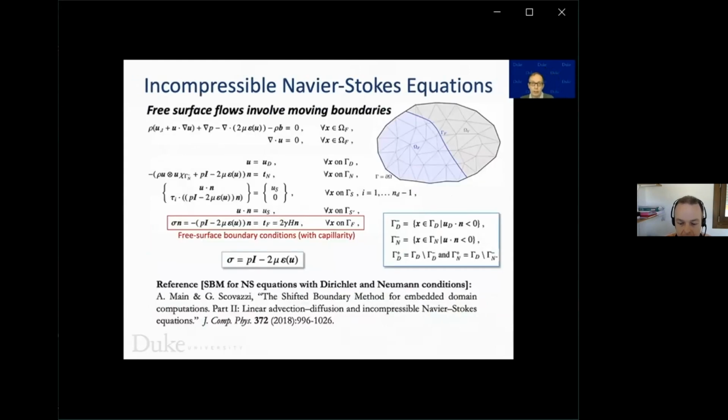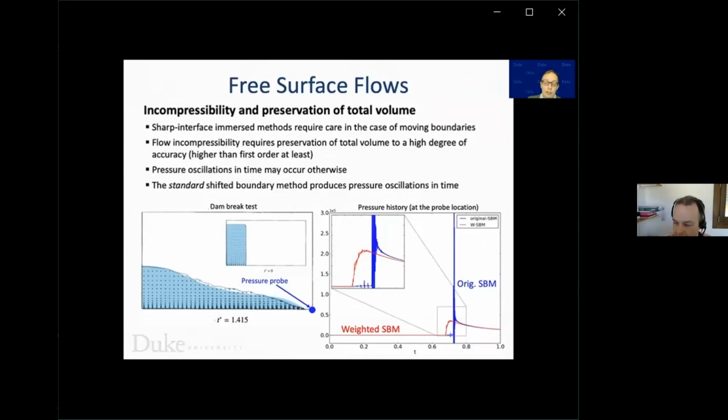When considering moving boundary problems, one of the examples is free surface flows, in which a traction boundary condition is applied on a moving free surface. The challenge here is that moving boundaries have not yet been tested with the shifted boundary method, and when we performed earlier calculations with the traditional shifted boundary approach, we observed large oscillations in time of the pressure variable.